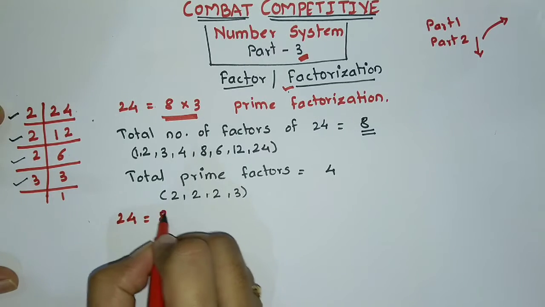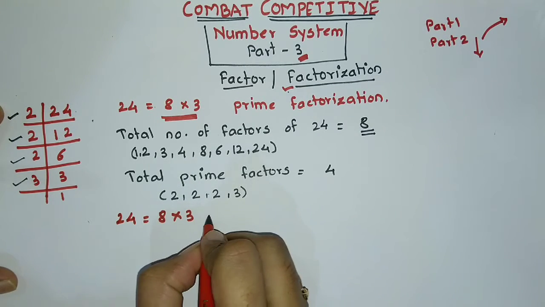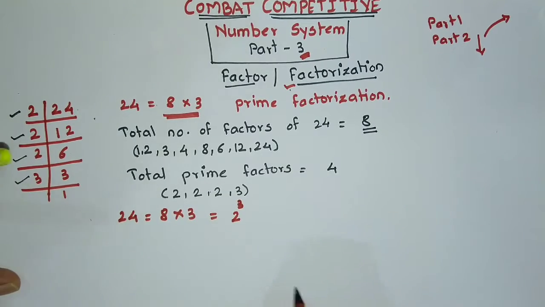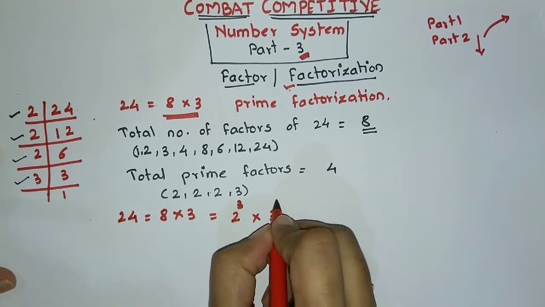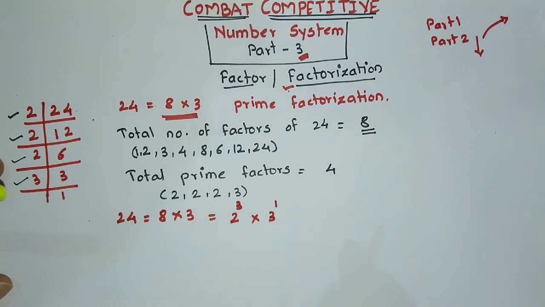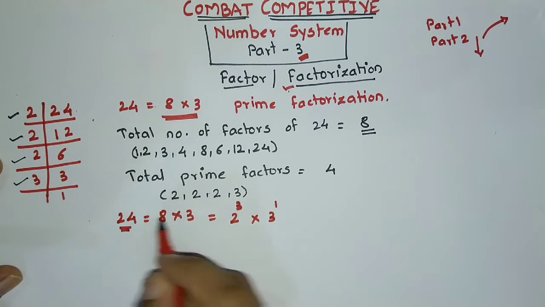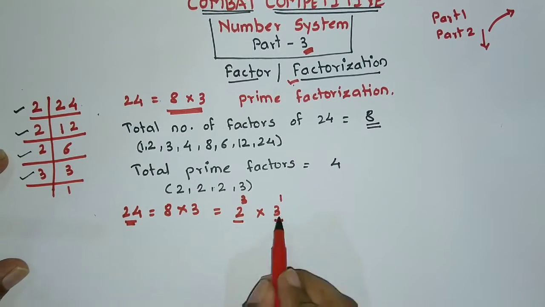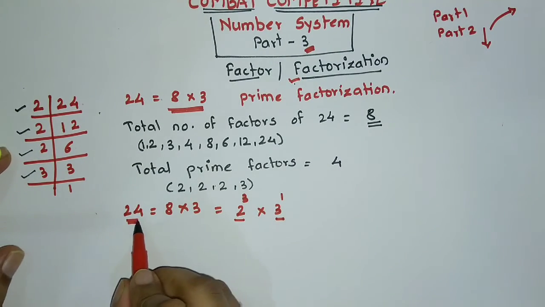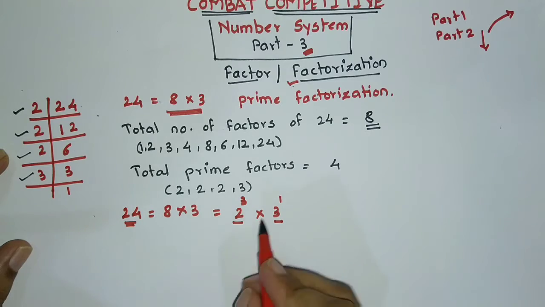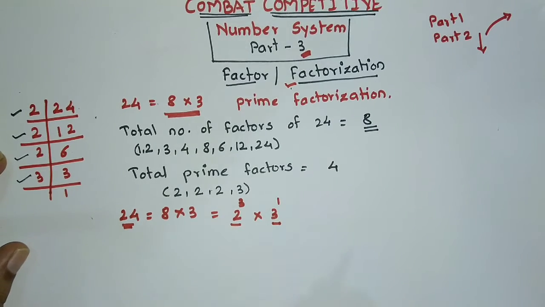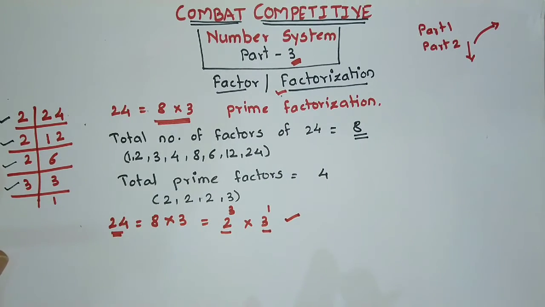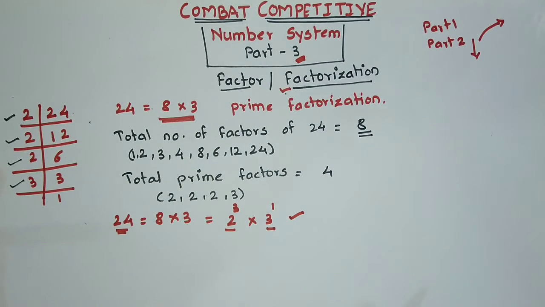You know it is 8 into 3, 8 3s are 24. We can write 8 in the form of 2 cube, into 3 raised to 1. Now here we have written 24 in the form of prime bases and powers. Here 2 and 3 are the prime numbers. So we have factorized 24 in the form of prime bases with powers. These are nothing but prime factors. This process is nothing but prime factorization.